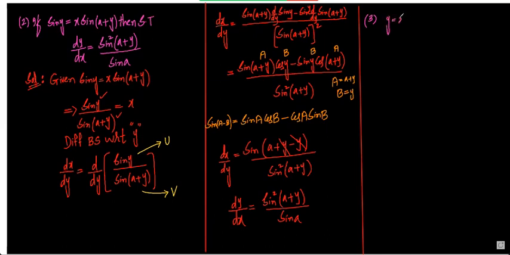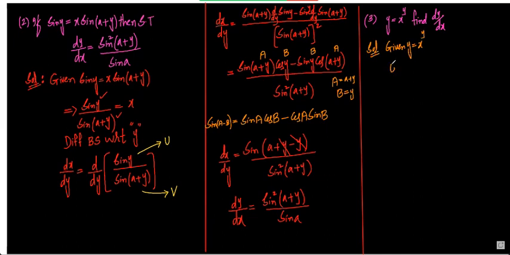y is equal to x power y. Okay, y is equal to x power y. Find dy by dx. That will be solution. जब भी पावर आएंगे ना आपके पास, so we have to apply log on both sides. Given y is equals to x power y.